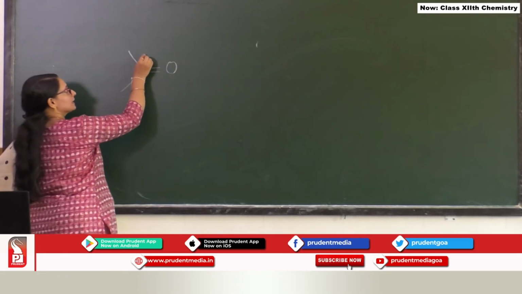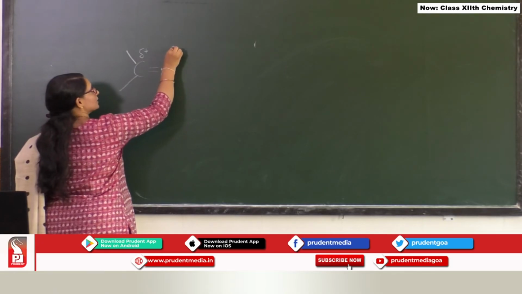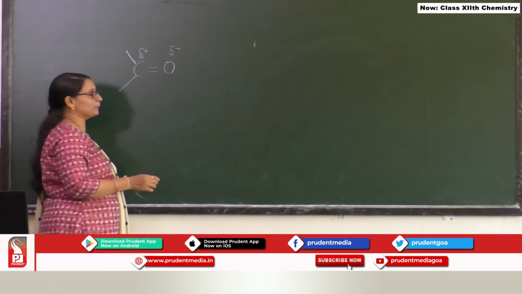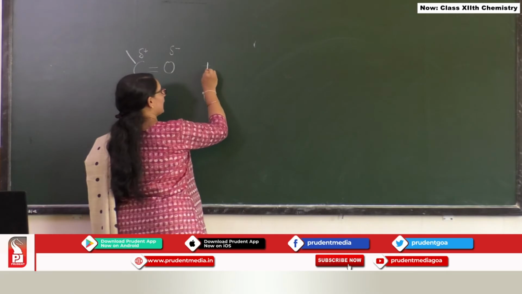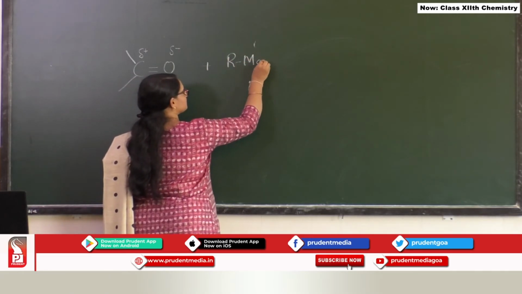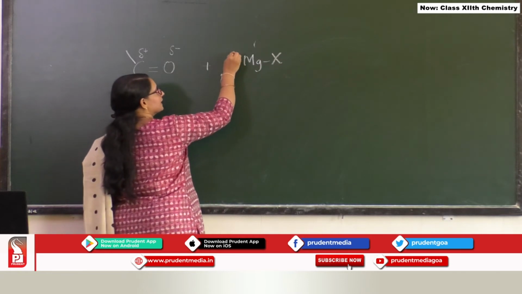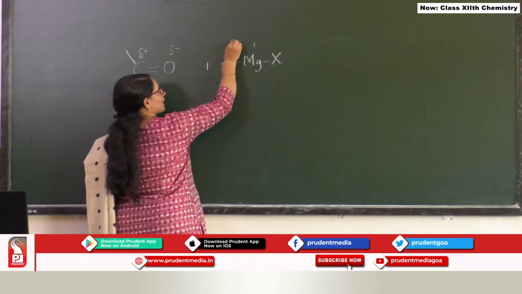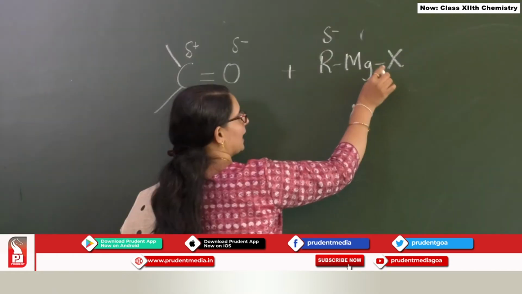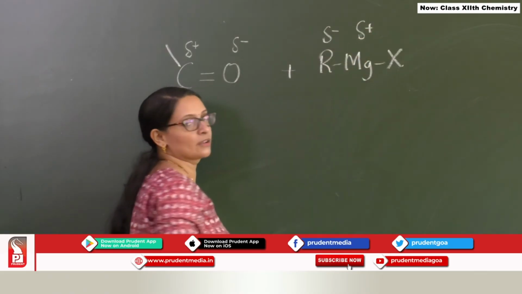We know that carbonyl carbon is partial positive, carbonyl oxygen is partial negative. Now we are going to add Grignard reagent to this. In Grignard reagent, R is partial negative and Mg along with X together is partially positive.